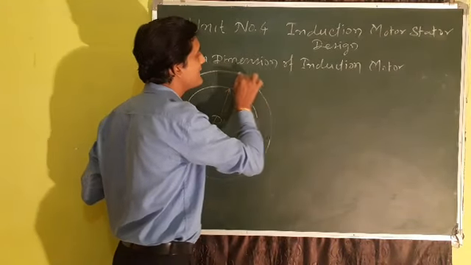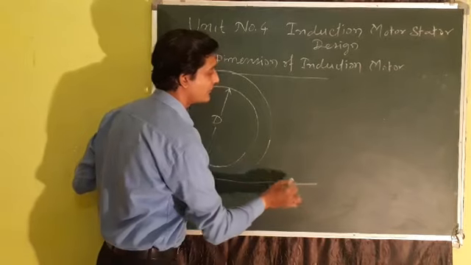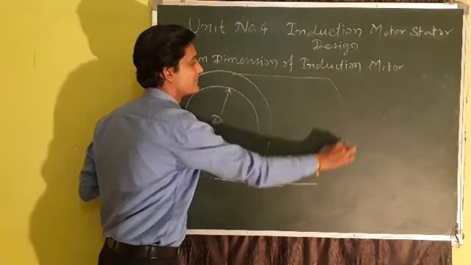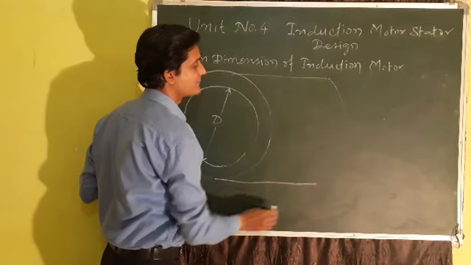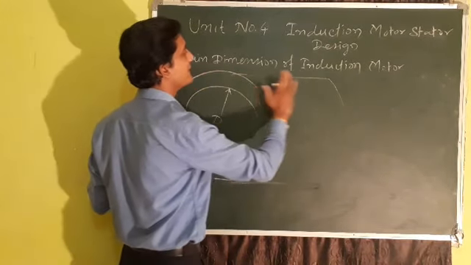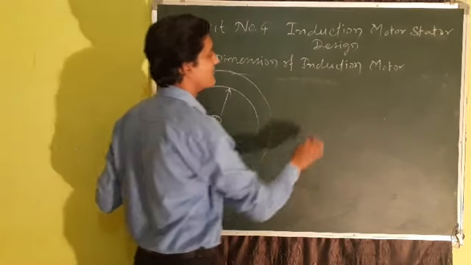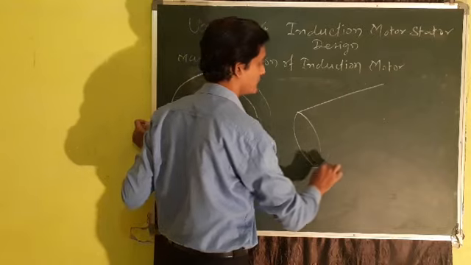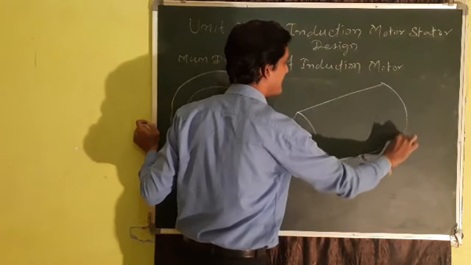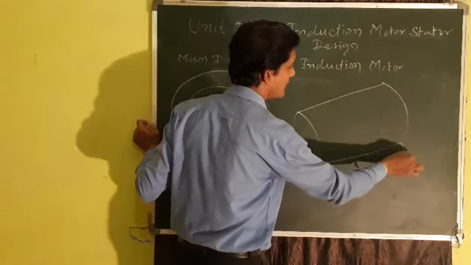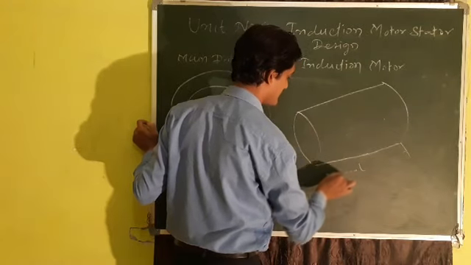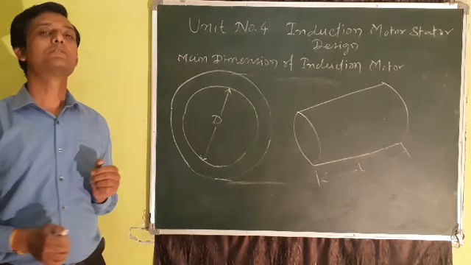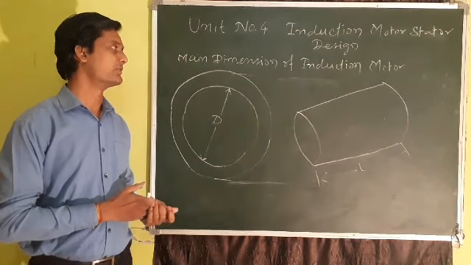Similarly, the axial length of this stator, or suppose it may be represented in this fashion. So this is the axial length of the stator. Okay. So D and L is called as the main dimension of induction motor.